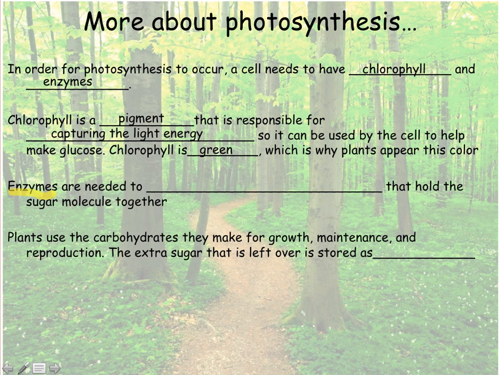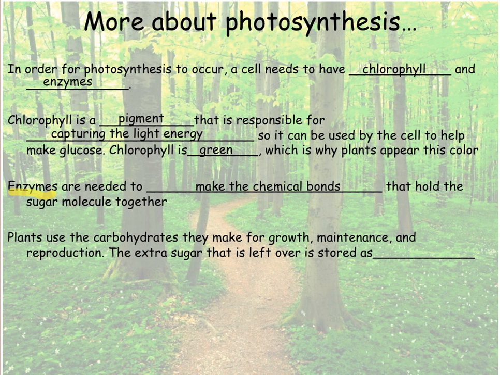These enzymes are needed to make the new chemical bonds that hold the sugar molecule together. Think again of enzymes like little protein construction workers that are putting the atoms together to make the large glucose molecules, storing energy in the bonds along the way.